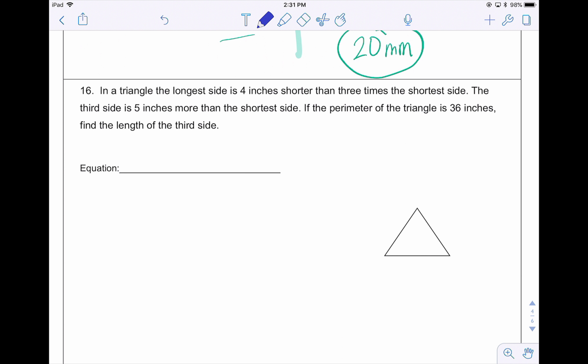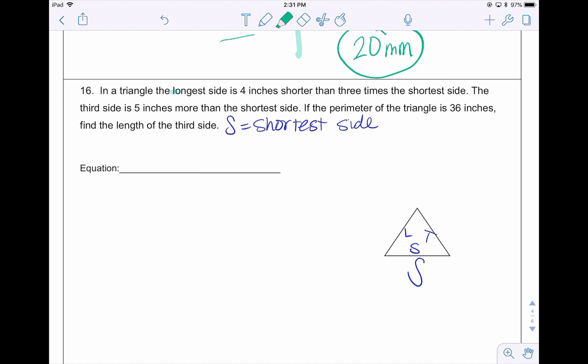Problem 16, we know that our variable is S for shortest side. So a triangle, the longest side, so we have a long side, is 4 inches shorter than 3 times the shortest. The third side, so we have a third side, and then we're obviously going to have a shortest side. So in my triangle, I'm going to let S represent my shortest side.